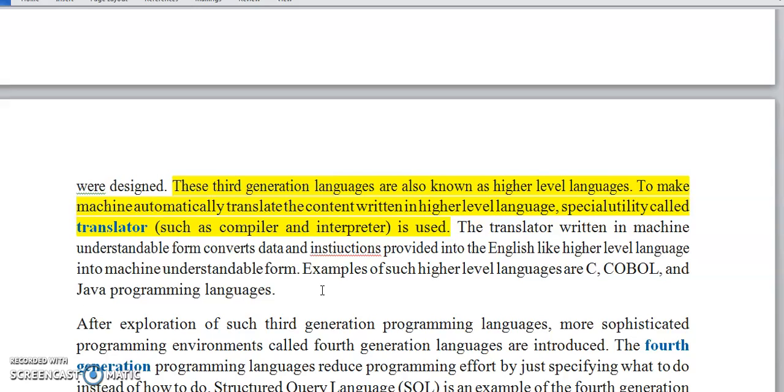Examples of such higher level languages are C, COBOL and Java programming language. C, COBOL and Java are examples of third generation language.